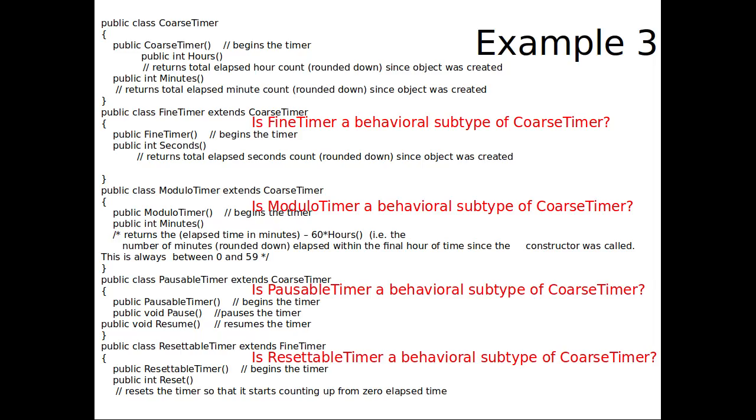Is fine timer a subtype of course timer? It is. It extends the functionality. It doesn't interfere with this. None of the methods it adds change the functionality of these methods, right? In fact, seconds is just an observer here. You're really adding an observer, something that observes the value in a different way and reports it as seconds. And for those sorts of methods that just provide an alternative observation, I'm not sure I could think of a single example that ever violates the Liskov substitution principle.